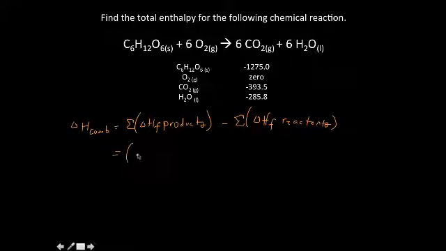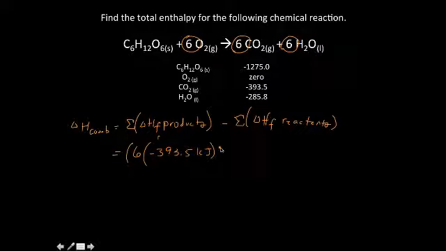Just go ahead and give a set of parentheses here for you, and we'll go ahead and multiply the coefficient, this coefficient here. Multiply that coefficient by the heat of formation for CO2, which in this case is negative 393.5 kilojoules. And we're going to add that to 6 times the heat of formation for water, which is negative 285.8 kilojoules.